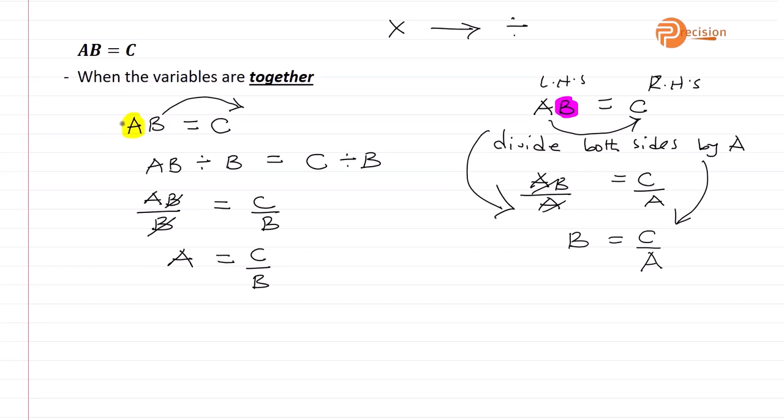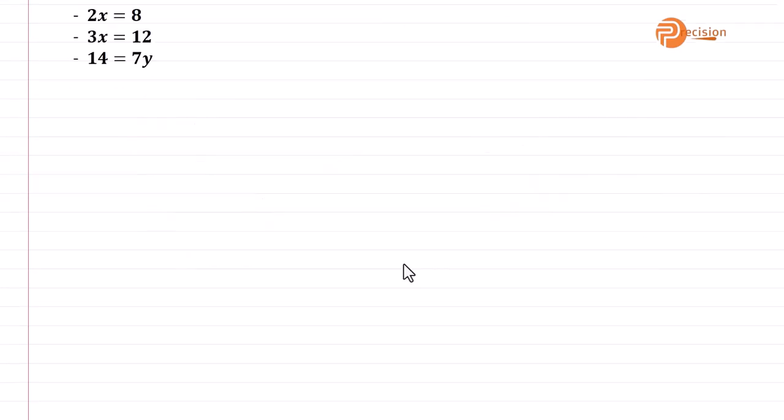So let's go ahead and solve some questions. For the first one, we have 2x is equal to 8, and remember, in this situation x is our variable. But now we have a new concept here. This is our coefficient. Coefficient is the number that is written together with a variable.